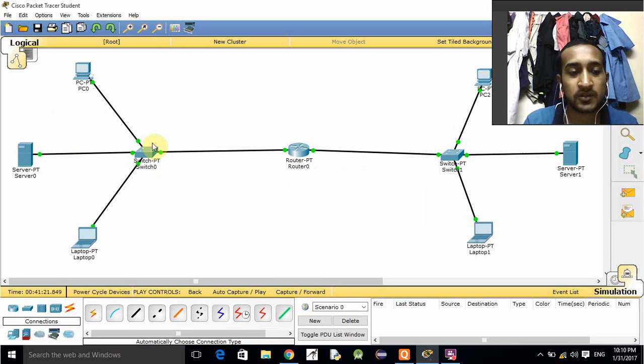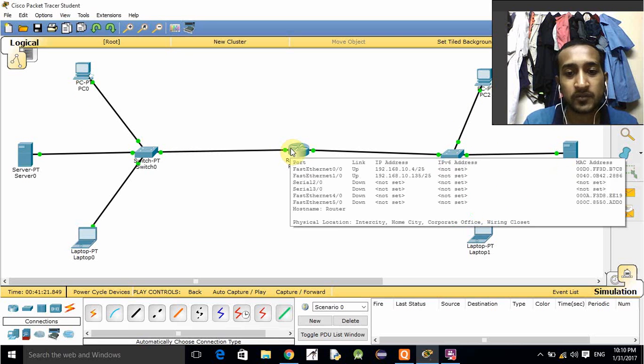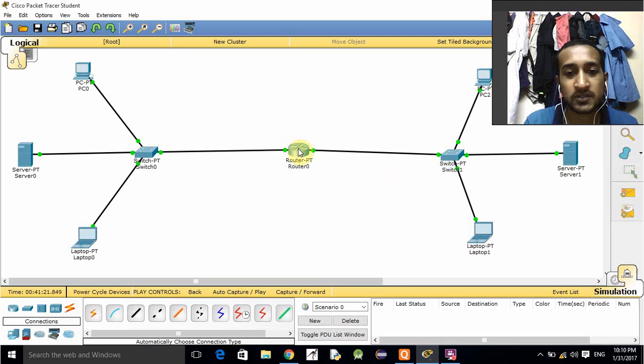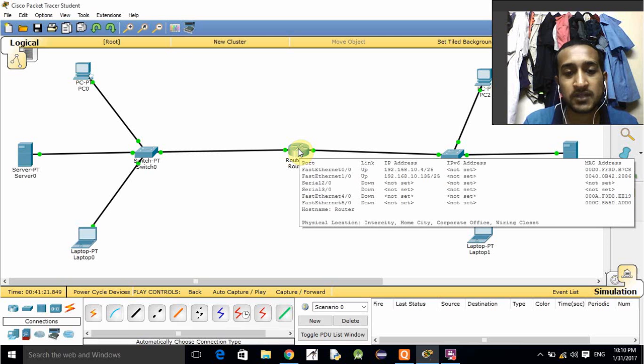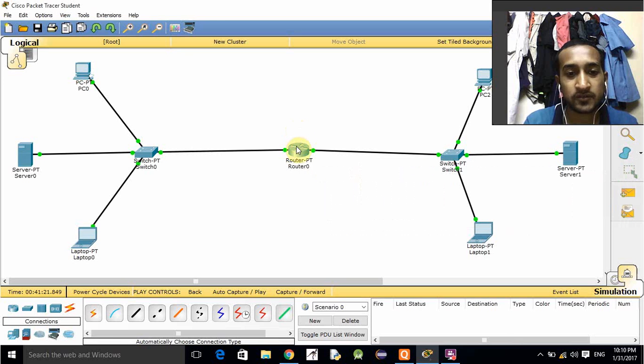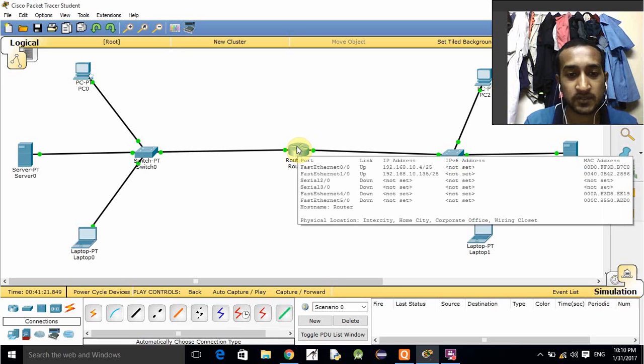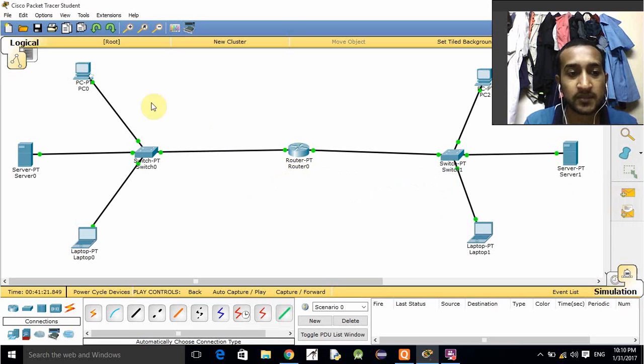This is a local area network, and this side is also the same kind of network. The IP we are given is 192.168.10, and I am dividing that IP into two parts. One part, that network, I am giving to this local area network, and one part I am giving to this other local area network.